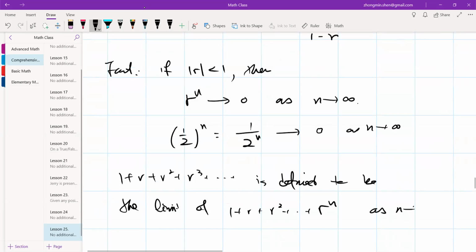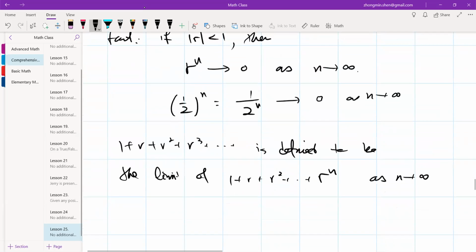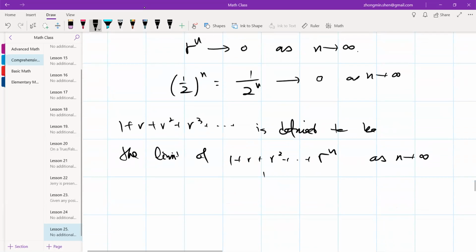As n approaches infinity. So you get more terms. Right? But this limit can be determined by 1 minus r to the n plus 1 over 1 minus r.